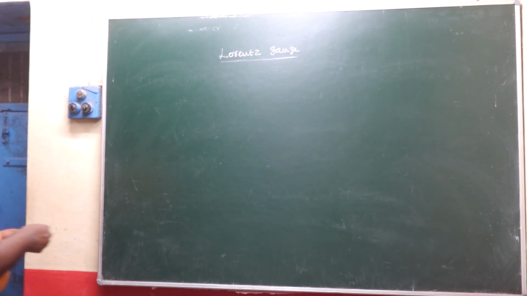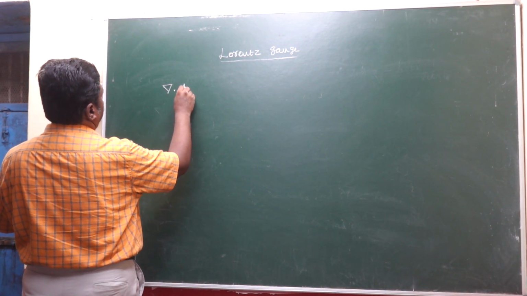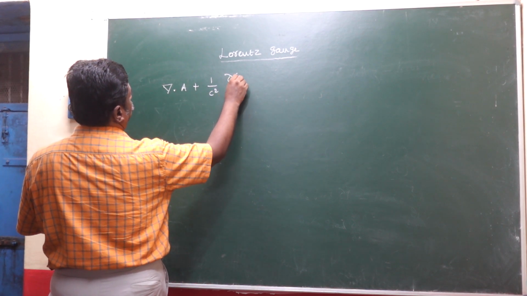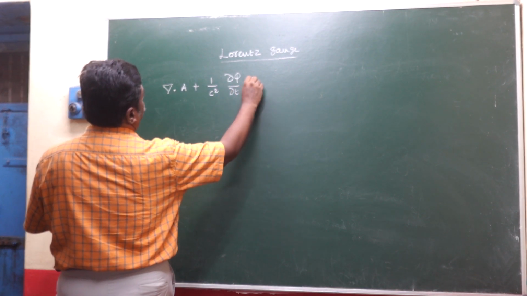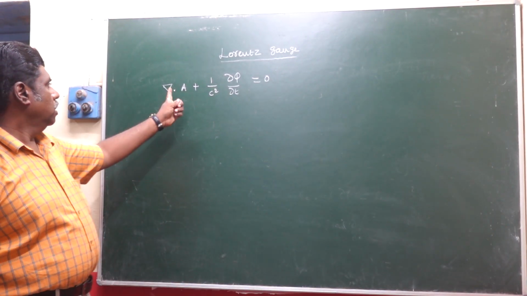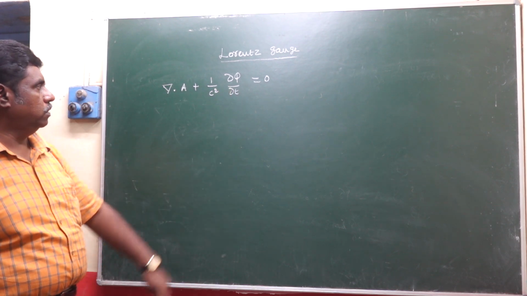You know the Lorentz condition is div A plus 1 by c square dou phi by dou t equal to 0, or div A plus mu naught epsilon naught dou phi by dou t equal to 0, both are same.